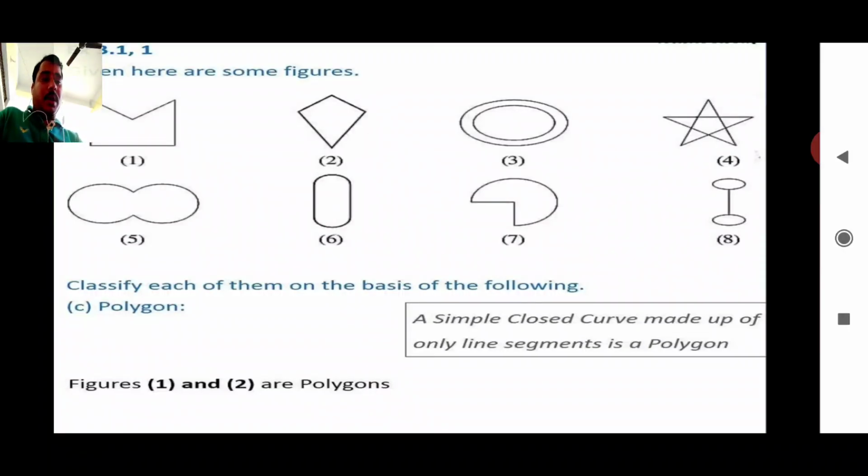First, second, fifth, sixth, and seventh. Now in these figures, which are made up only of lines? The first one and second one are polygons, because the fifth has curvature, sixth also curvature, and seventh also curvature, because a polygon is made up of only line segments.